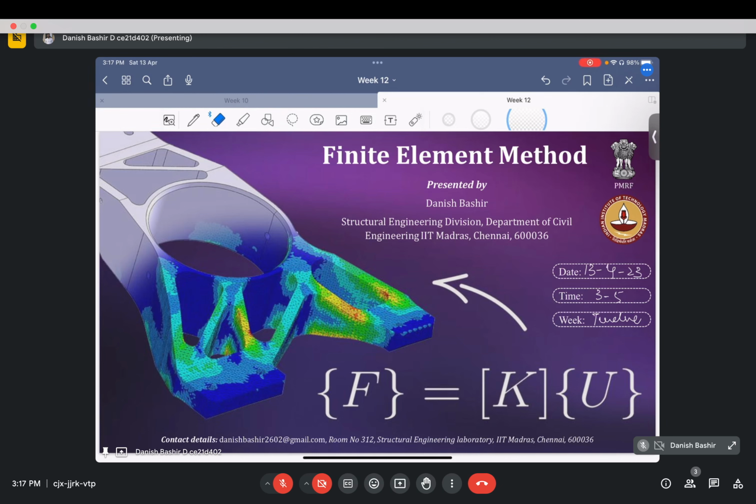So in order to remove this drawback of these lower order elements, where we have to use a large number of elements with lower order, we can use higher order elements with very few number, and they can give us very good accuracy. So in today's class, we will be seeing higher order elements for one-dimensional problems.